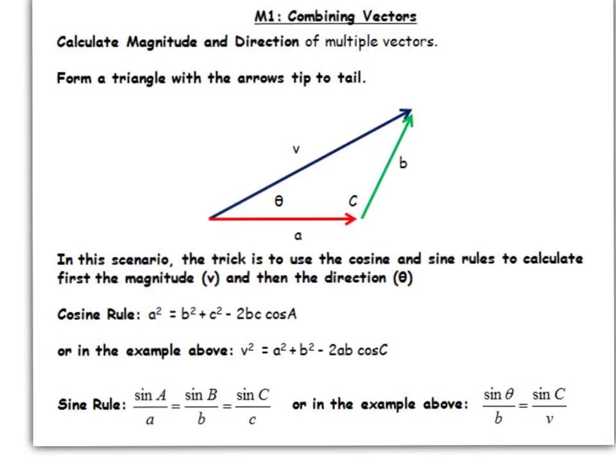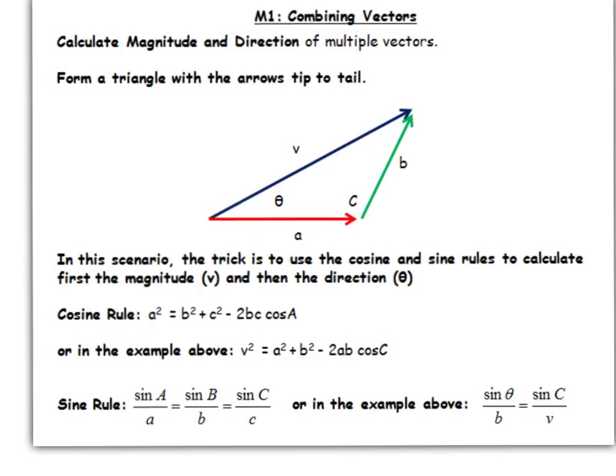We're going to use two fairly simple rules to get to this: the cosine rule and the sine rule. So this is your cosine rule, the general expression, where this is the resultant. So A is the resultant, and in this case B is A, and then C is B squared, so we're changing letters a bit. And we've got our 2AB cosine C, and C is this angle here in this case.